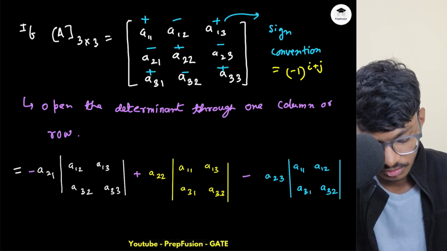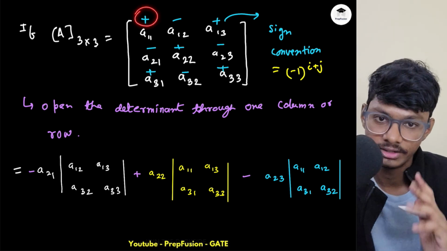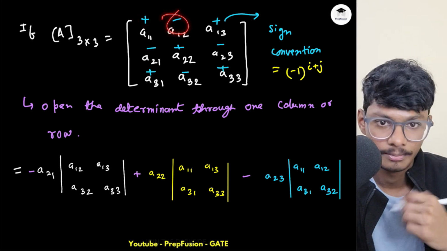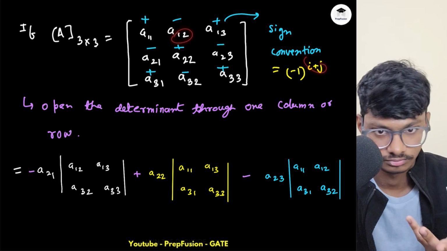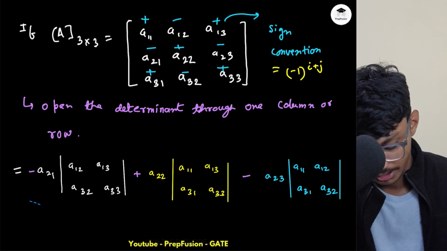Or what you can do, you can remember the even-odd funda. Basically for even it will be plus, for odd it will be minus, after adding them up. That is also very simple. So I will write everything; whatever suits you, you use that.